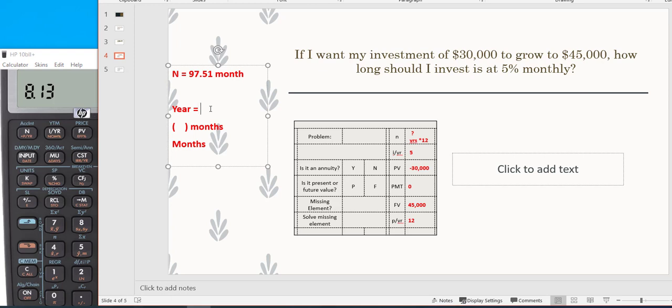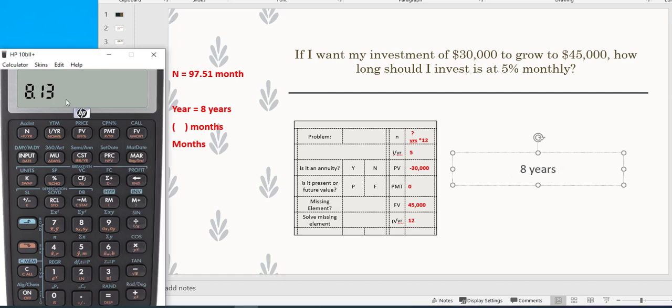So that means that 97 months is 8 years and so many months. So I know it's 8 years. I just need to find how many months. So 8 times 12, that's 96 months in 8 years.